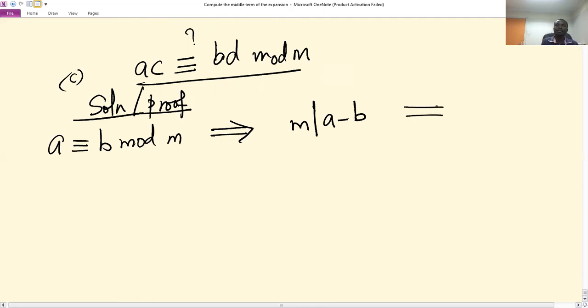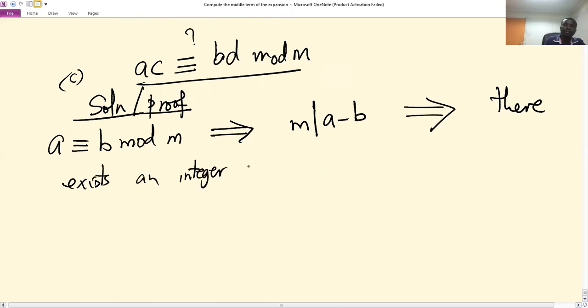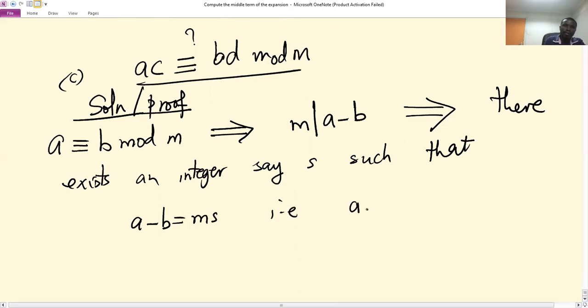And this also implies there exists an integer, say S, such that A minus B equals MS, i.e. A equals B plus MS. We call it equation 1.